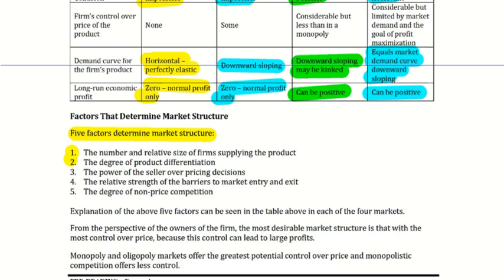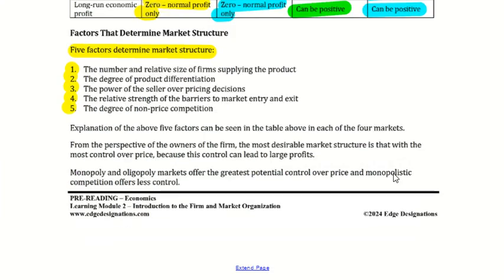Number 2, the degree of product differentiation: how different is your product from other products? Number 3, the power of the seller over pricing decisions. Number 4, the relative strength of barriers to the market, getting in and getting out. And number 5, the degree of non-price competition. We'll talk about these as we go.